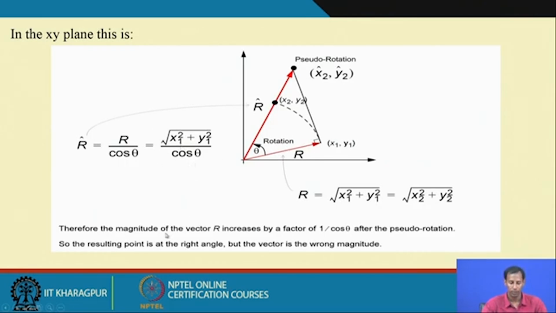So the r cap value, because of this pseudo rotation, is now the square root of x1 square plus y1 square divided by cos theta. Because of this, the vector r has been increased by the factor of 1 by cos theta. Okay.